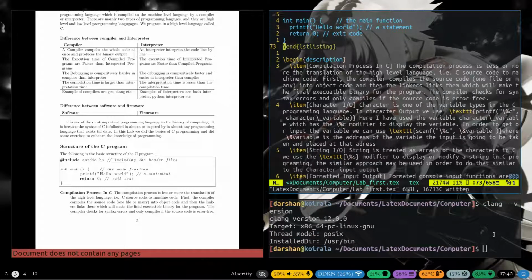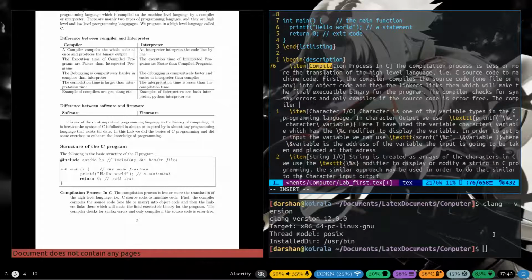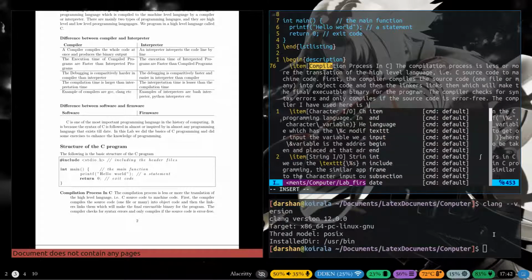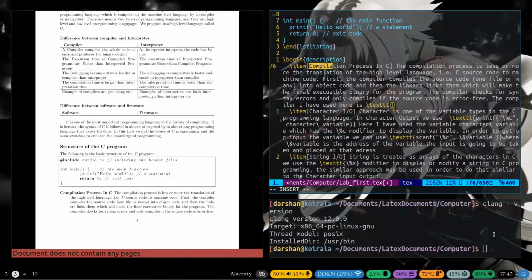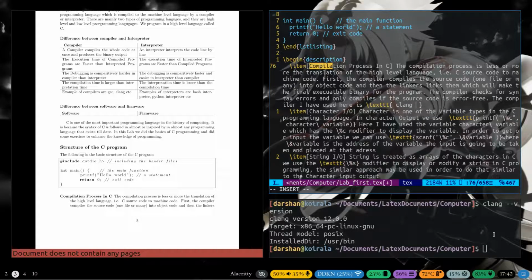Clang version 12.0.0. Alright. Compiler. Okay. So the compiler I used here is Clang 12.0.0.